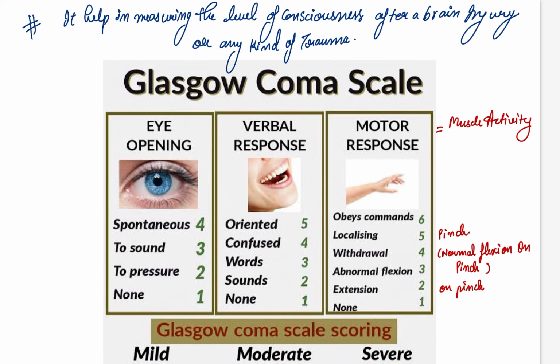Next, if the patient responds after applying pressure, like normally we give a chest rub, and after the chest rub he responds, then we give the score of 2. If he is not responding to any of these, then we give the score of 1. So this is for eye opening only.